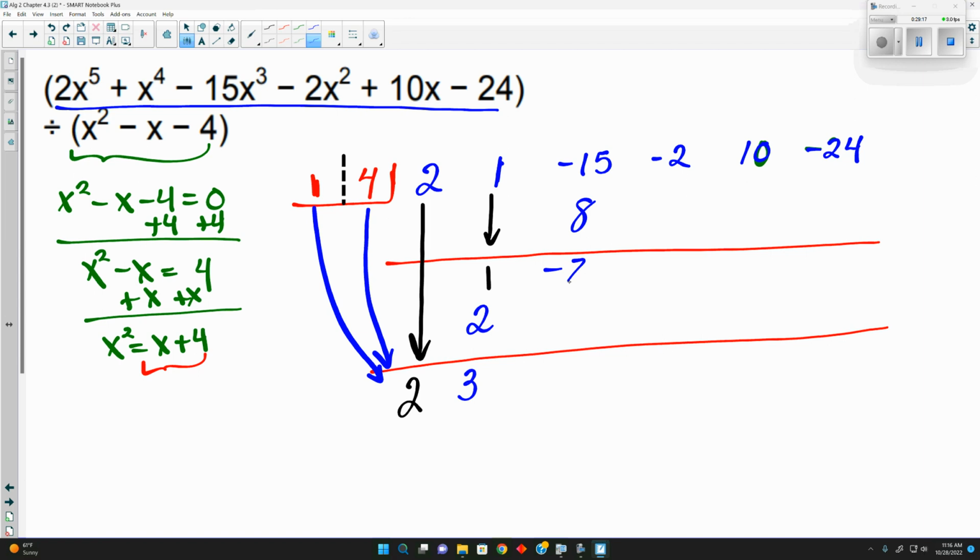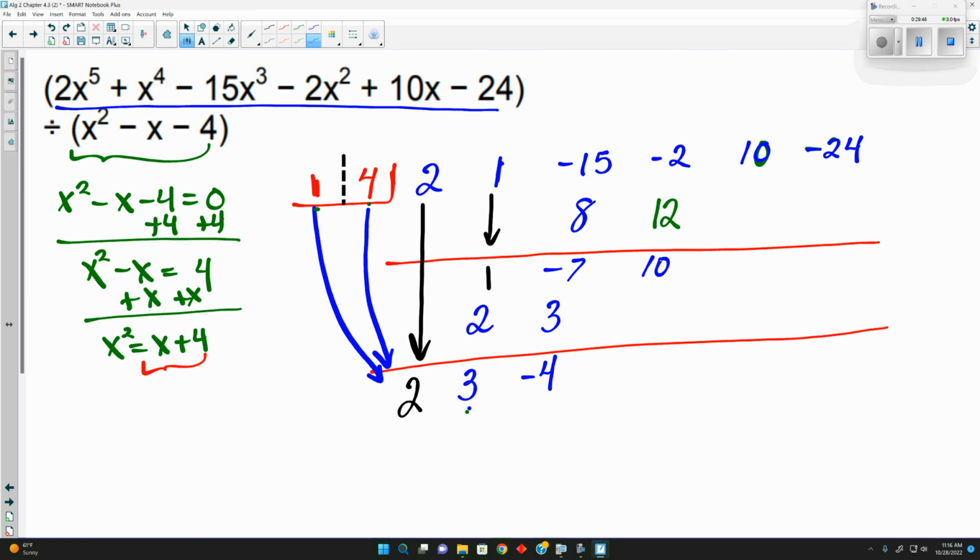Repeat the process, now we're multiplying it by the 3. So we do 1 times 3 is 3, 4 times 3 is 12. Add straight down. Negative 7 plus 3 is negative 4, negative 2 plus 12 is 10.